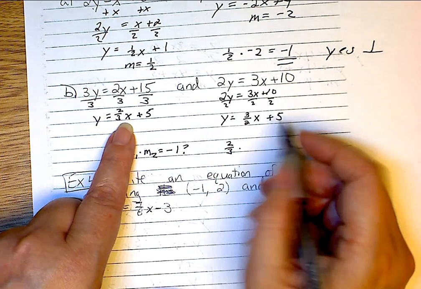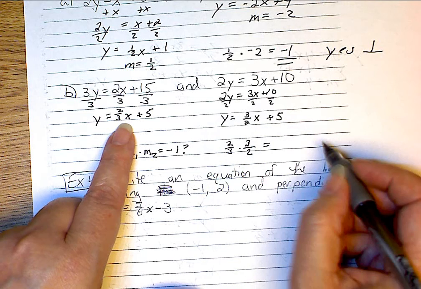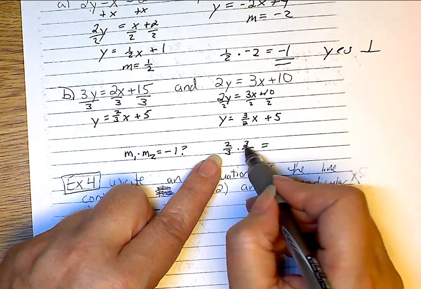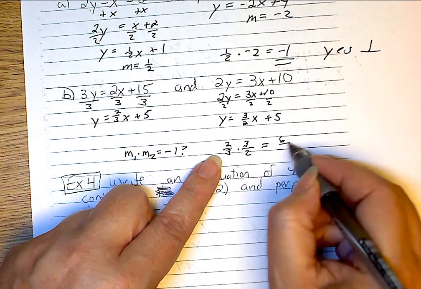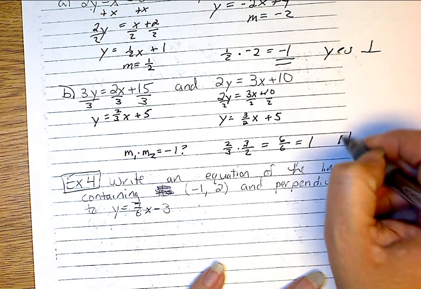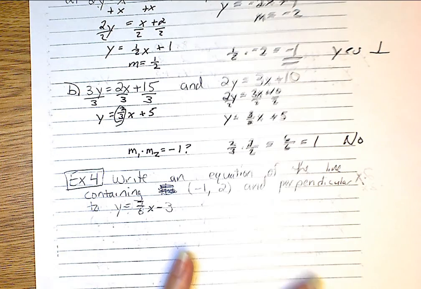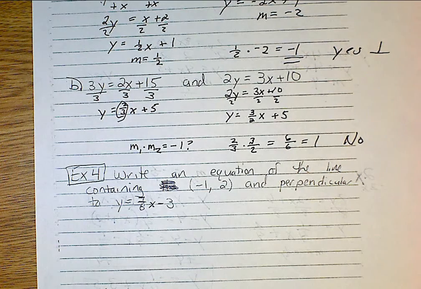But 2 times 3 is 6 over 6, that's just plain old 1. It's not -1, so it's no. Remember, your slope has to be the reciprocal and the opposite sign to be perpendicular.